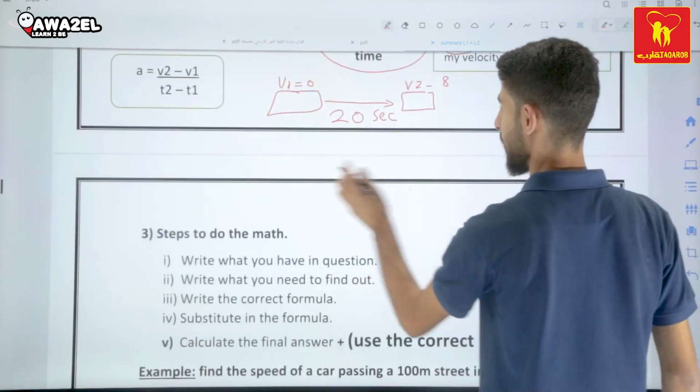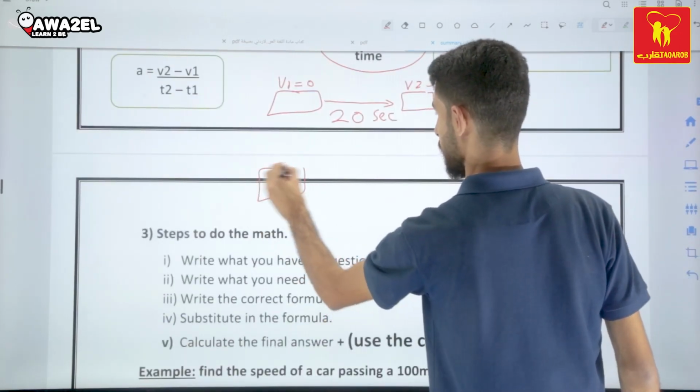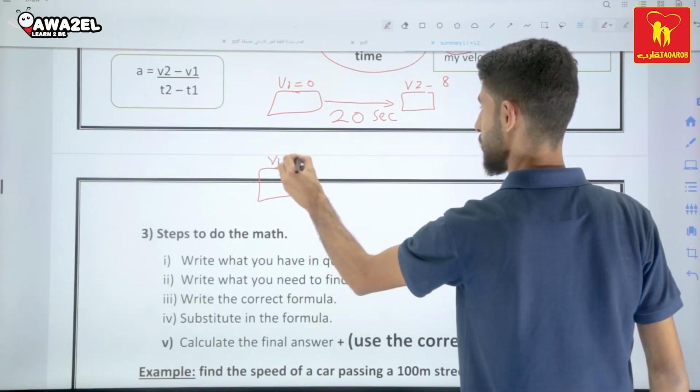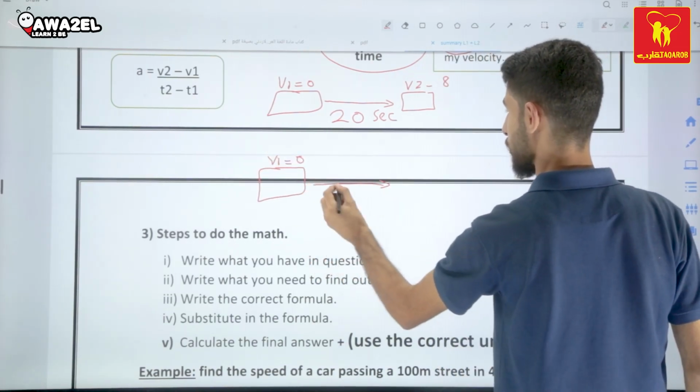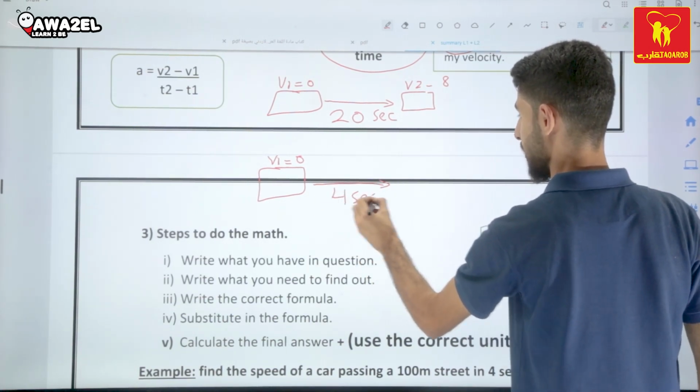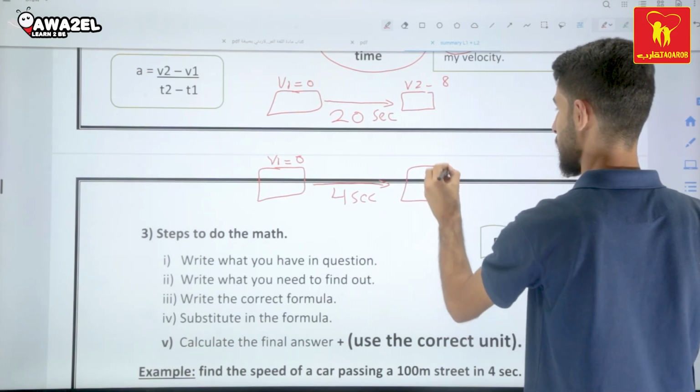And then I had another car that started from v initial equals 0 and took 4 seconds to reach the same velocity.